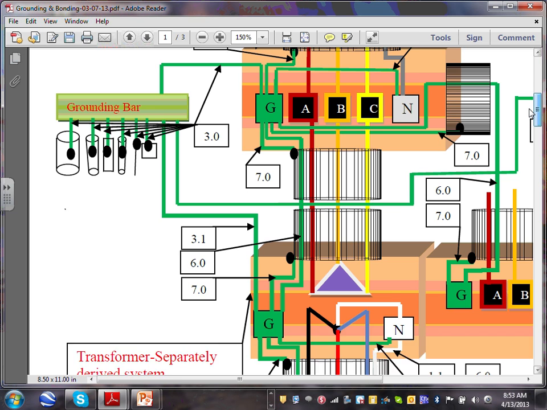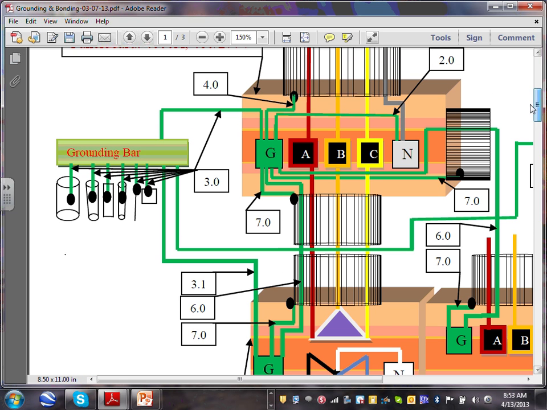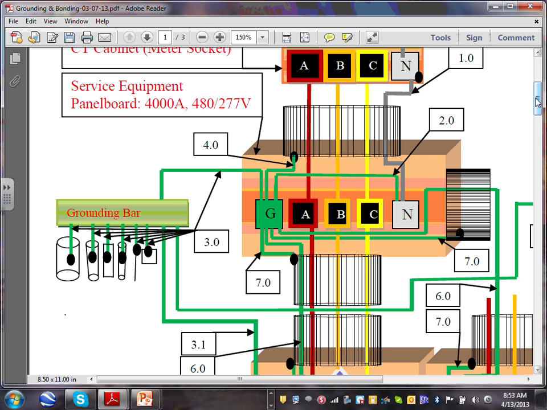Okay, so moving on. We sized, guys, the grounding electrode conductor. We sized the number 2, the main bonding jumper. Number 4 is the most confusing one. Number 4 here is called the supply side bonding jumper. As you bring your rigid metal conduit, the 10 rigid metal conduits, and why rigid, Chad?